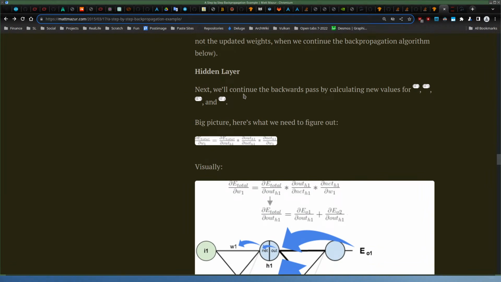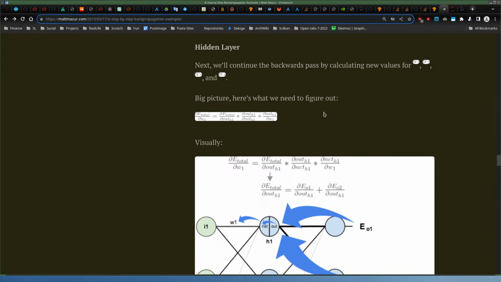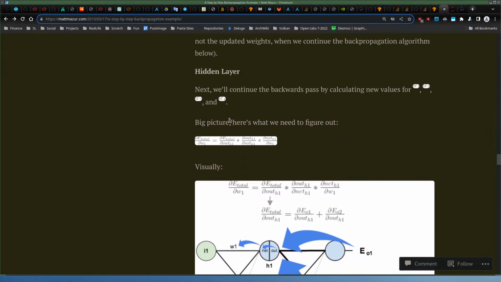Next we'll continue the backwards pass by calculating new values for W1, W2, W3 and W4. So the weights of the first layer. Big picture, here's what we need to figure out.